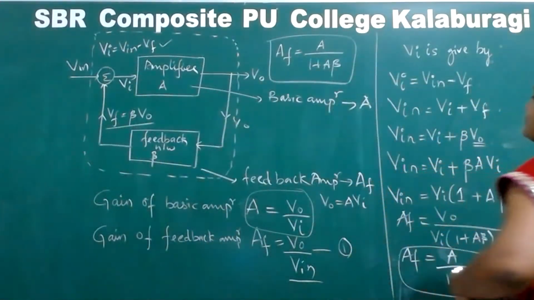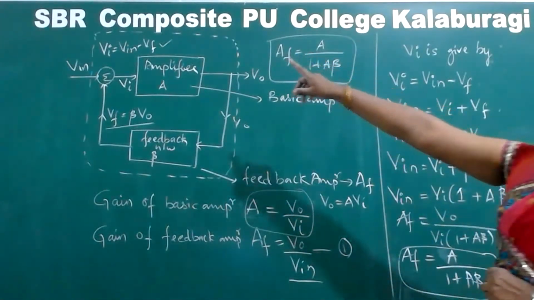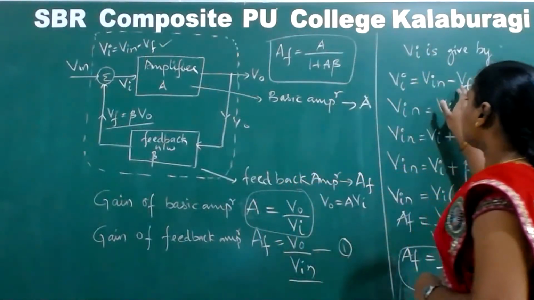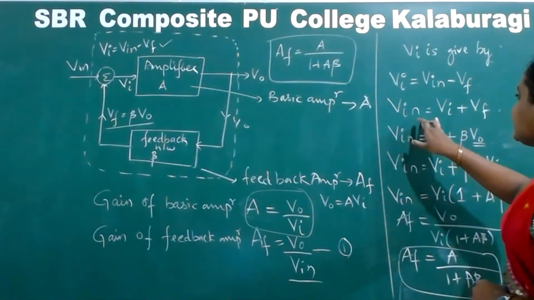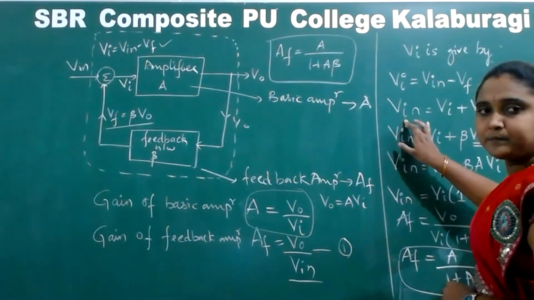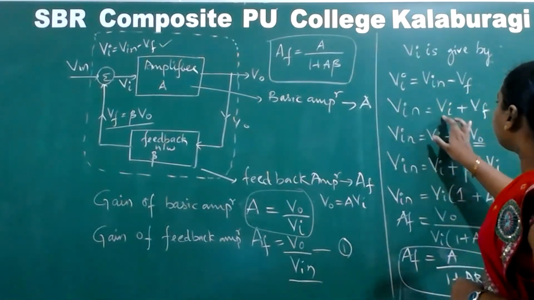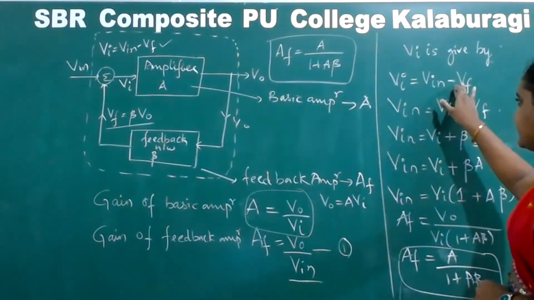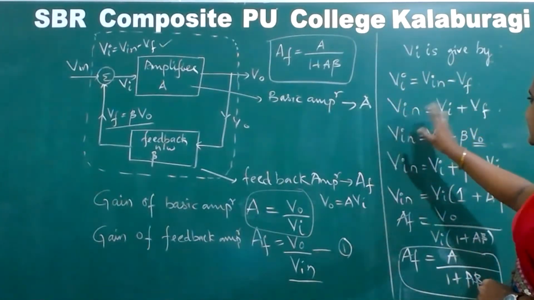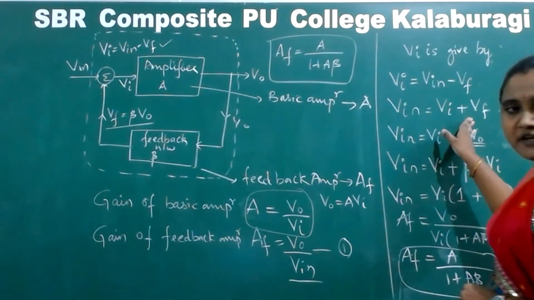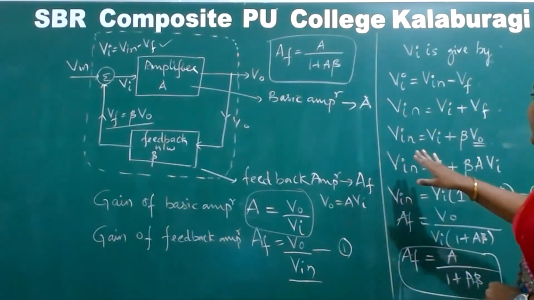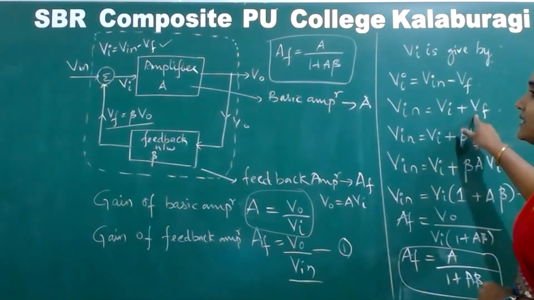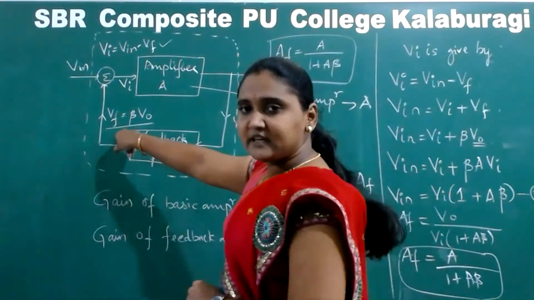Now we take the expression for Vi that we can see in the block diagram and rearrange it to find the value of Va. We can see that V is equal to Vi plus Vf; Vf goes to the other side and becomes positive, so V is equal to Vi plus Vf. Now V is equal to Vi plus beta V naught, because Vf is equal to beta V naught, as we can see in the block diagram.